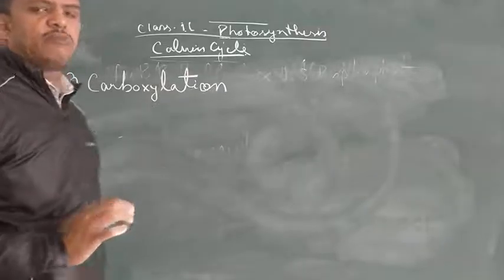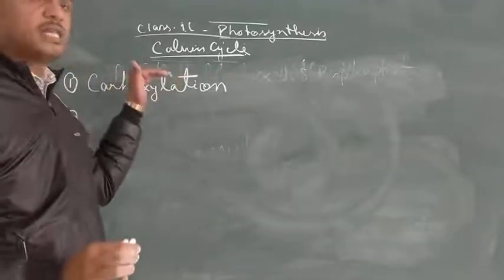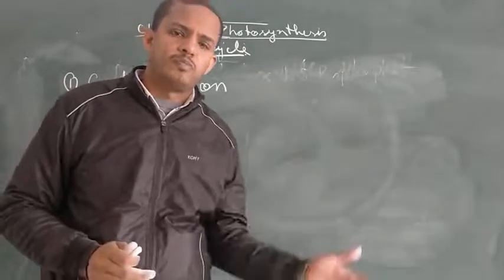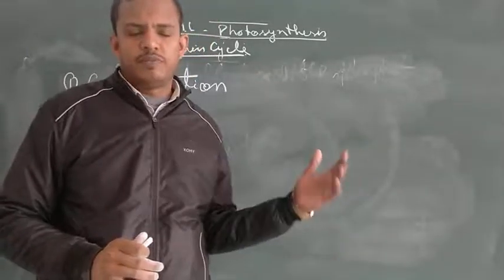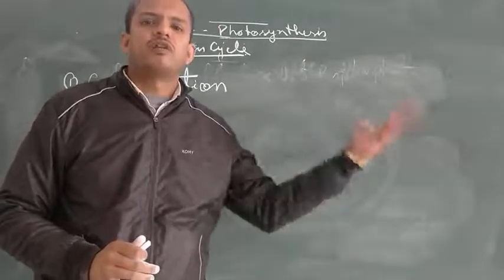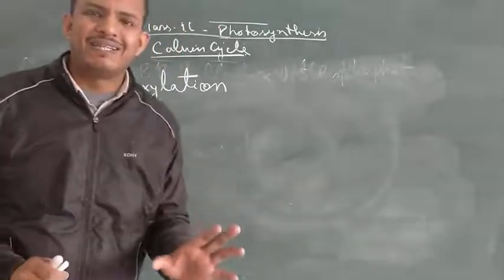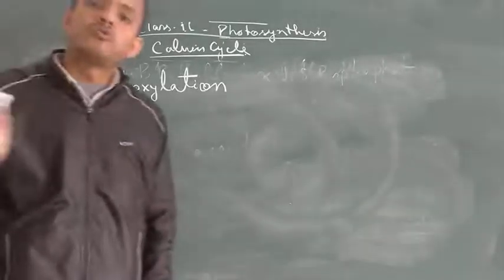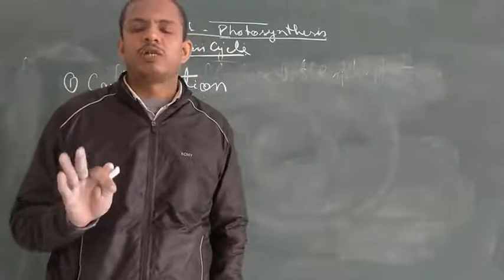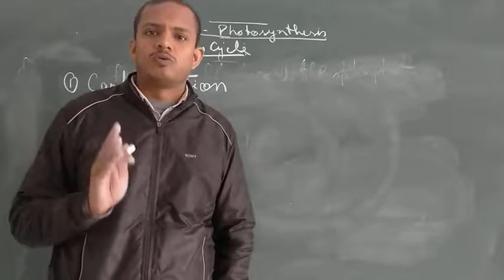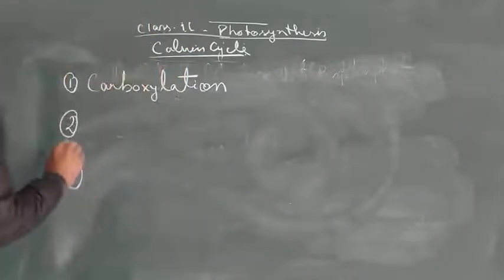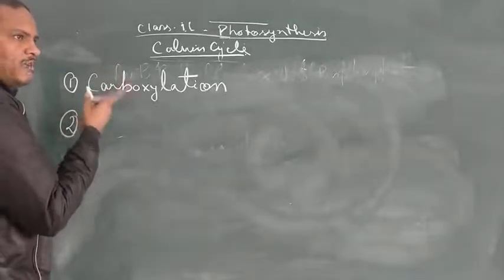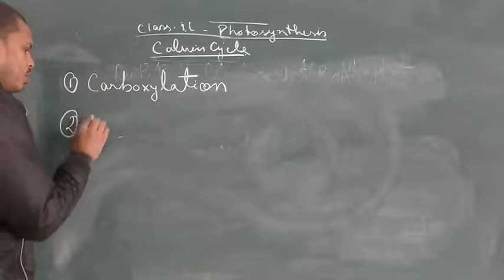In the second, what happens? Carbon dioxide is trapped by RUBP, then converted to PGA, 3-phosphoglyceric acid. Further on, this PGA acts as an intermediate product that is finally reduced to glucose, starch, or carbohydrate, whatever the product is. So the PGA, the intermediate product of carboxylation, is going to be reduced.